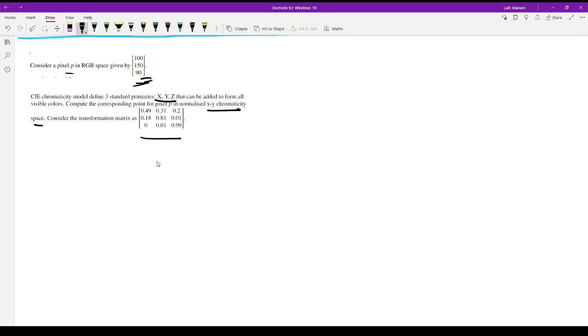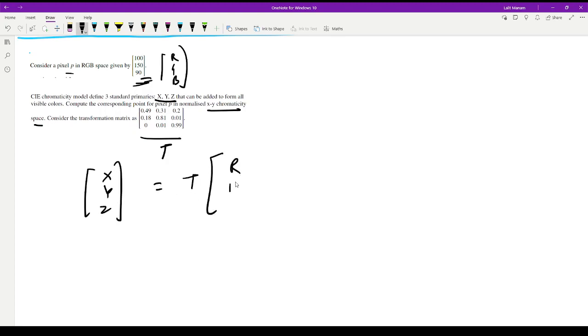So what do we need to do? If I consider this as T, and we are taking this as R, G, and B, how will XYZ look like? Matrix multiplication. So use the transformation matrix and then multiply it. Something like this.